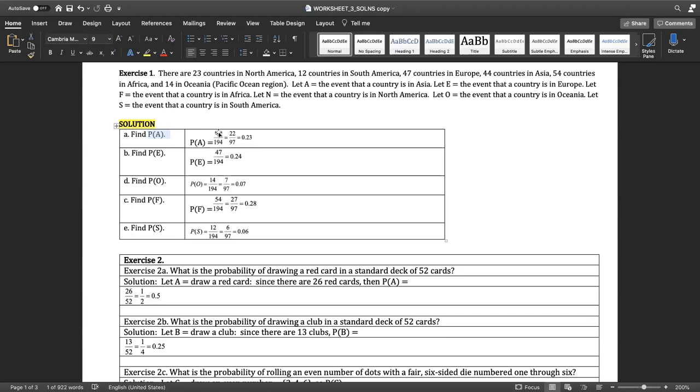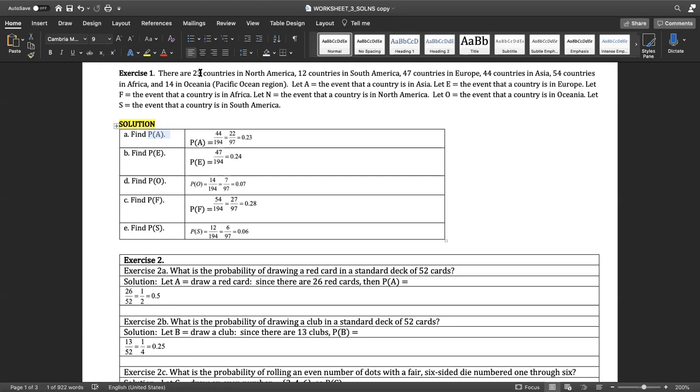Now again, you know where the 44 came from, right? There are 44 countries in Asia. So you know the numerator is that number 44. That's the frequency, that is the number of countries in Asia. And the denominator is the sum or the entirety of the number of countries.